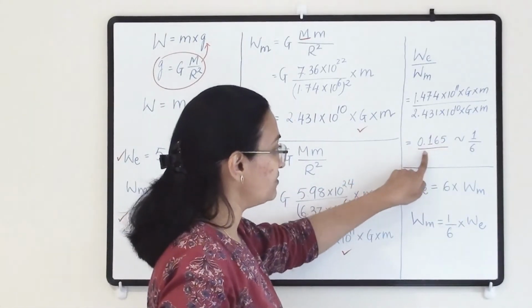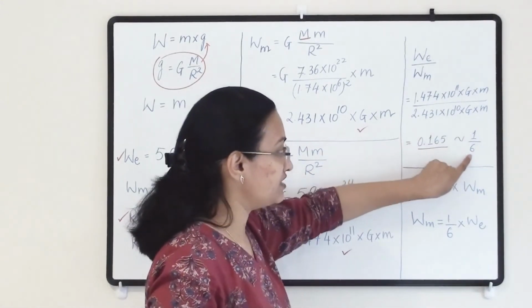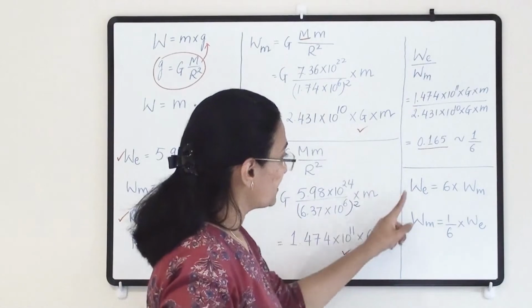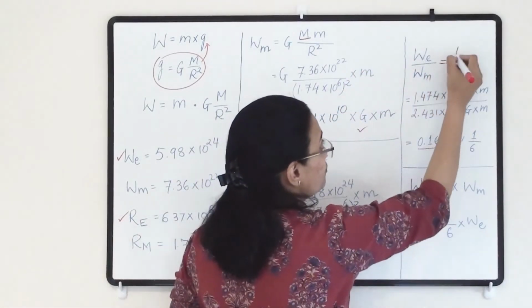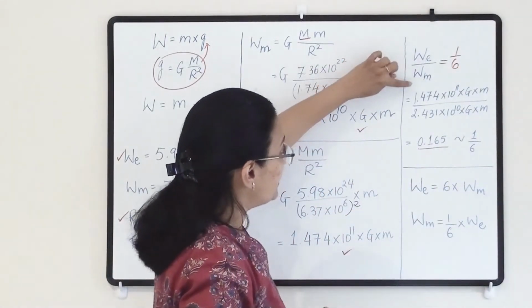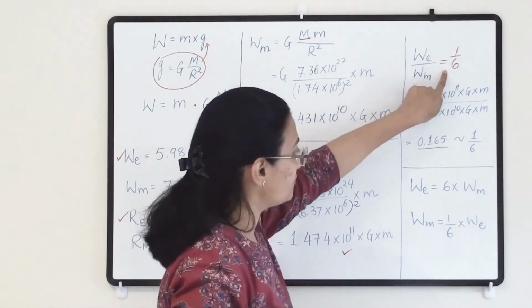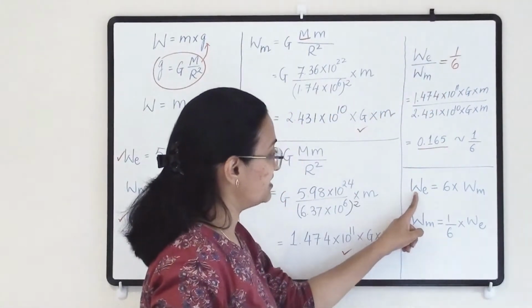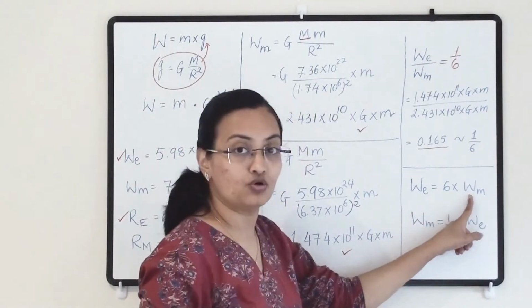This is the decimal; when we convert it into fractional form, it is 1 divided by 6. That means WM divided by WE equals 1 divided by 6. Weight on the moon divided by weight on the earth equals 1 divided by 6. We can also write this as: weight on earth equals 6 times the weight on the moon.